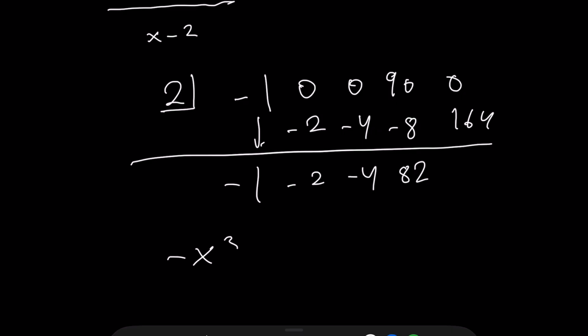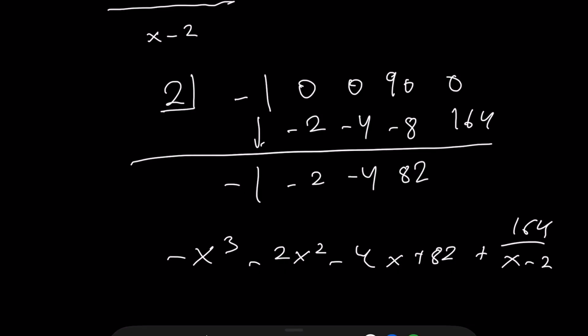So, -x cubed minus 2x squared minus 4x plus 82 plus 164 over x minus 2. It's pretty easy, which is pretty cool. I think it's pretty cool.